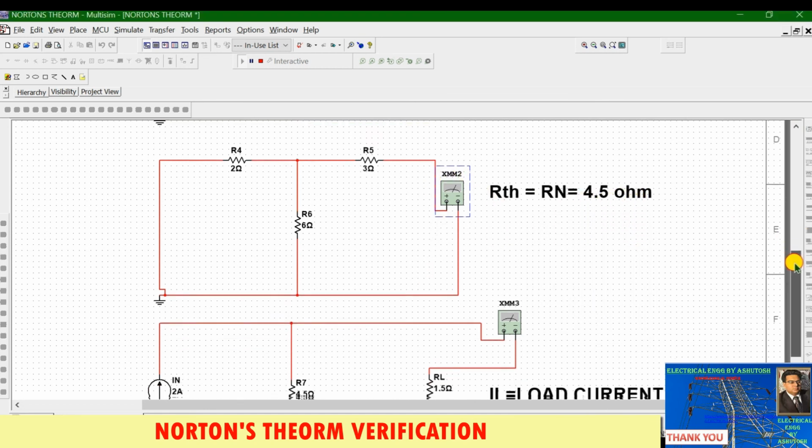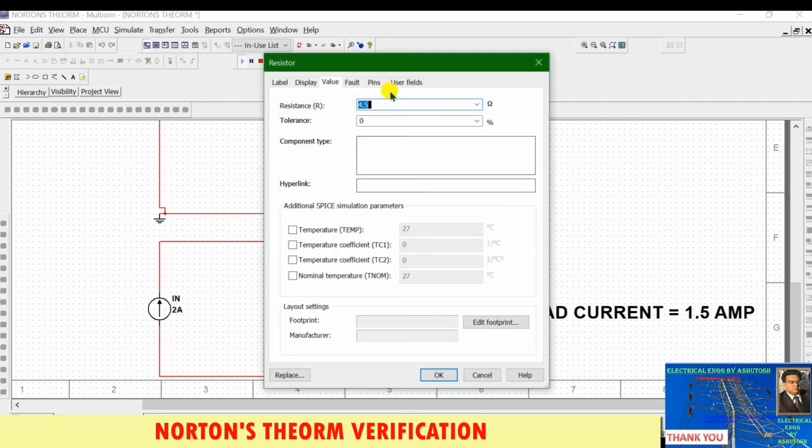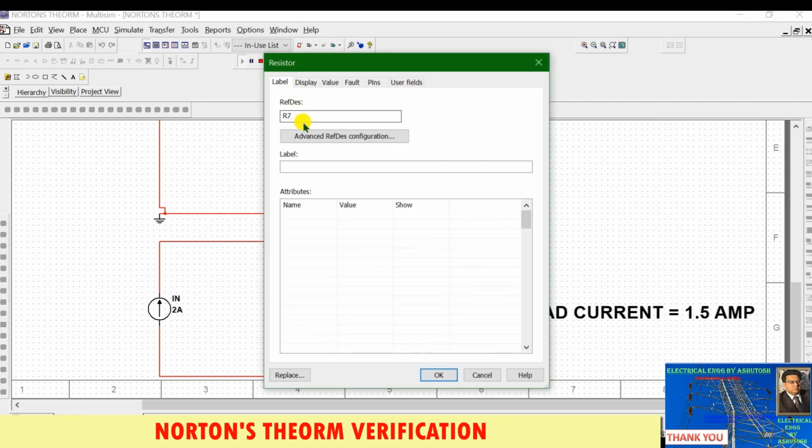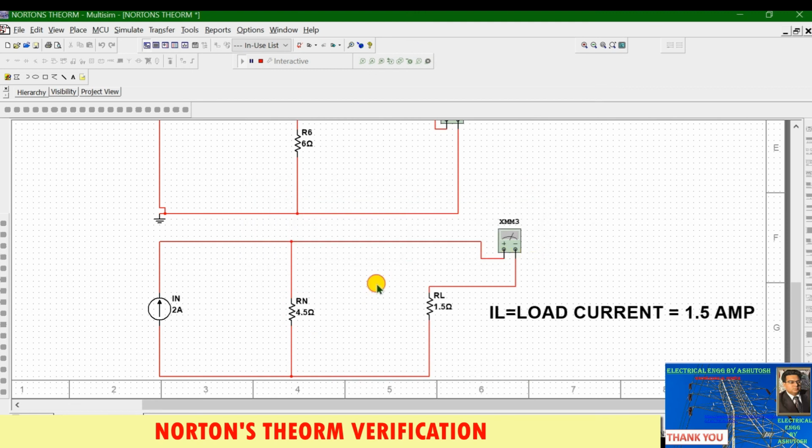And finally, over here, this is the Norton's equivalent diagram we already drew. This is the 2 ampere In, Norton's current. Here you can write the name Rn, and this is the RL.